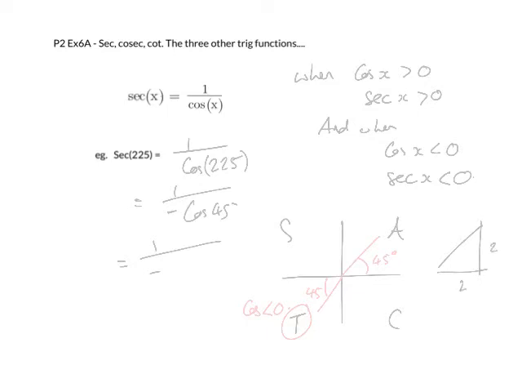Finally, you can go on and do this without a calculator, but you can use a calculator to evaluate cos 45 as root 2 over 2. Put that in and reciprocate the fraction and rationalise the denominator.